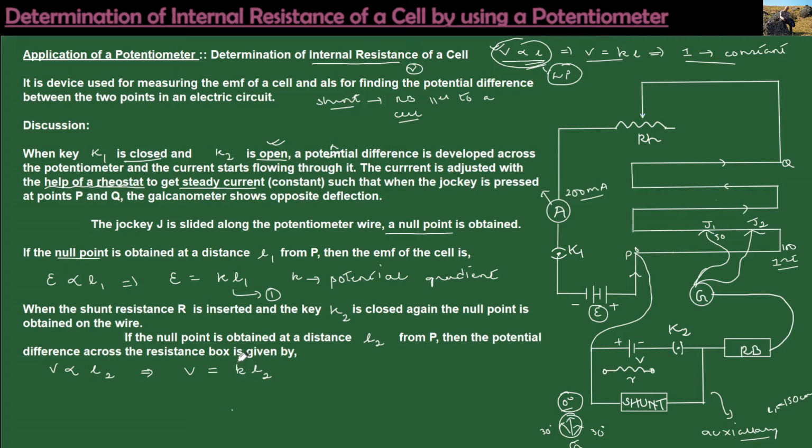Potential gradient for a potentiometer will always be the same. So let us mark this as equation number 2.